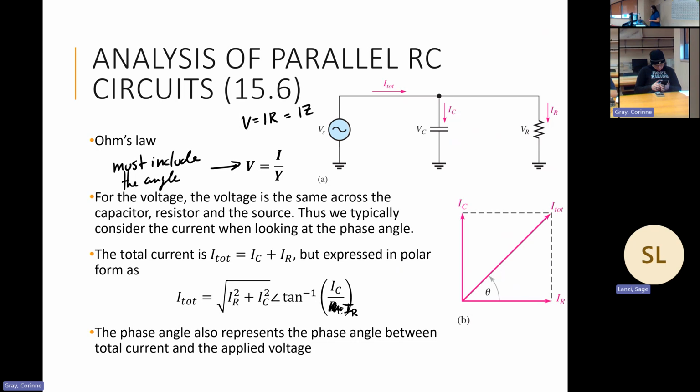So this phase angle here also represents the phase angle between the current and the applied voltage. So if we needed that information, it would also be there. If you go through and look at the textbook, it's going to have a couple more phasor diagrams if you want to look at this.